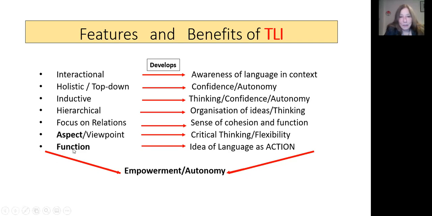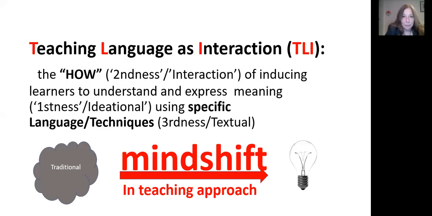And focus on function develops the idea of language as action. So this means that students are empowered, they can use the language for their own purposes. And all of this leads to empowerment and also to autonomy. The idea is that students will, after a short time, move on, they'll know how to use these techniques, and they will apply them in their own learning.